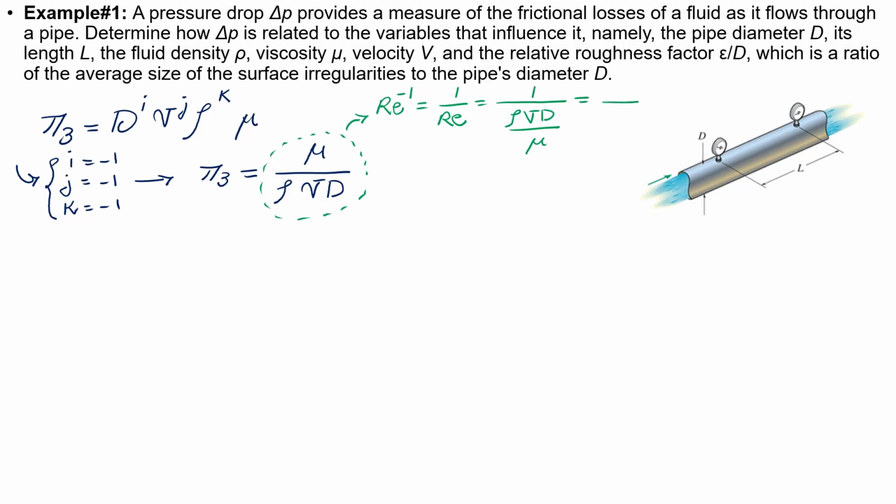So Reynolds inverse is mu over rho Vd. Because this term basically represents Reynolds inversed, we are going to consider pi 3 inversed as well. And if one number is dimensionless, like Reynolds number, the inverse version of that number is also dimensionless, right? So this is also dimensionless, which is this one.